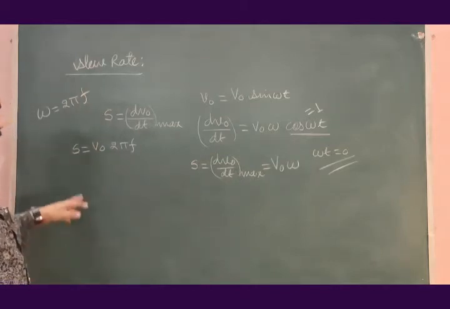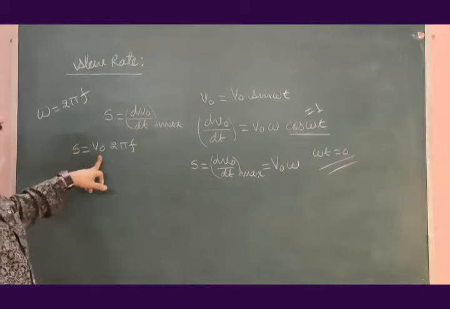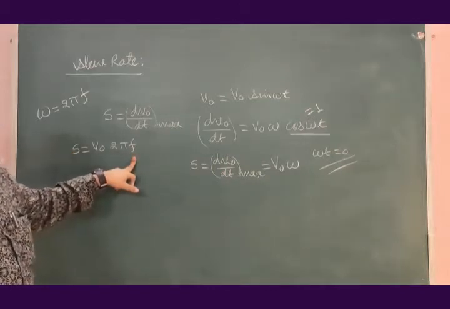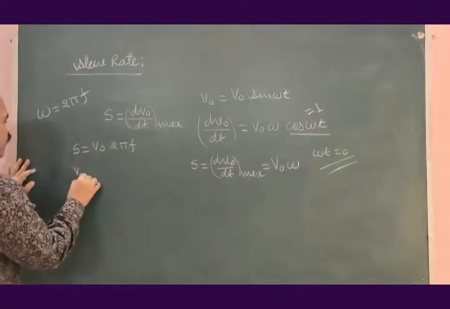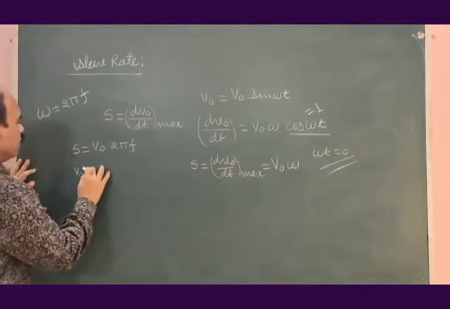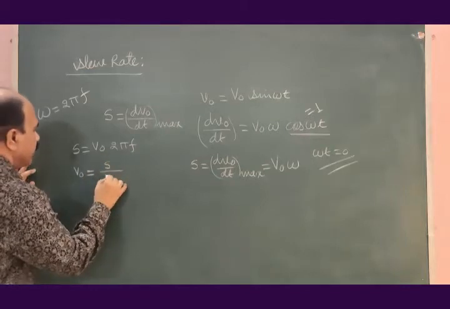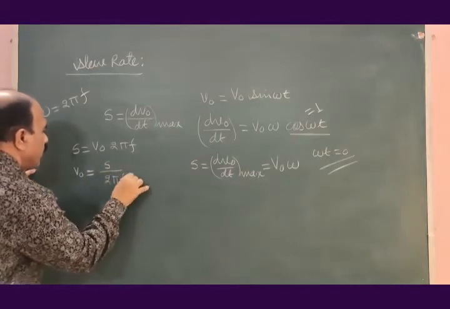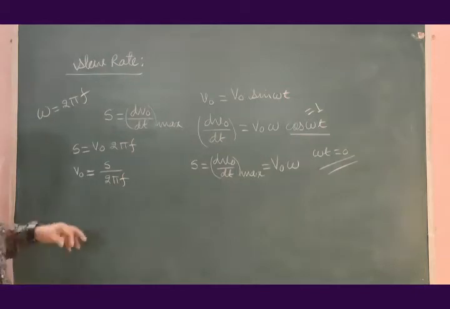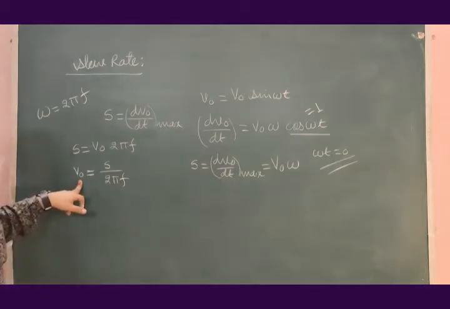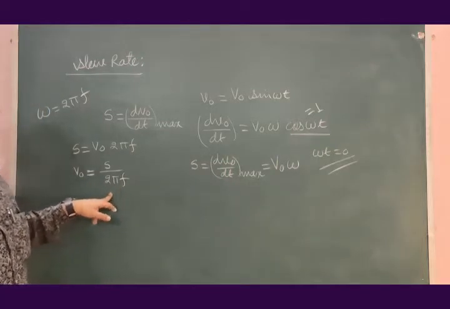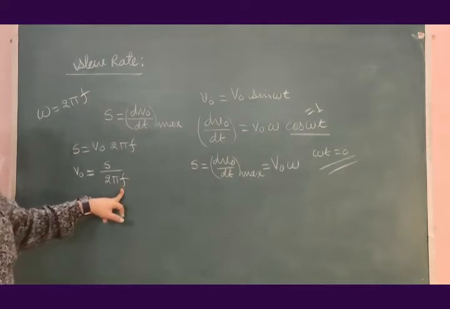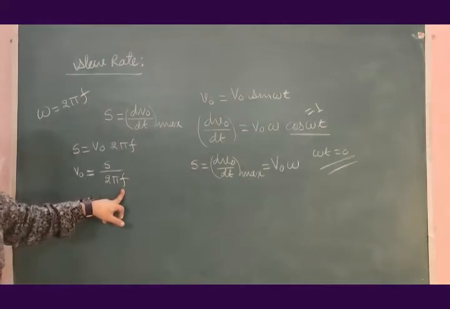Now, depending on the value of S, Vo and f are affected. Let us see how. From this equation, Vo is equal to S divided by 2 pi f. If we want more and more value of Vo, the denominator should be small. 2 pi is constant. Frequency of operation should be very, very small.